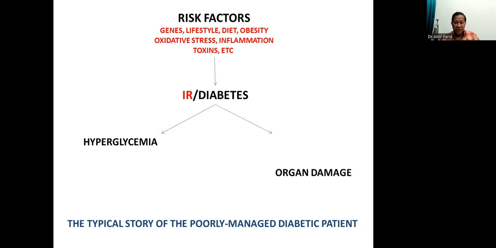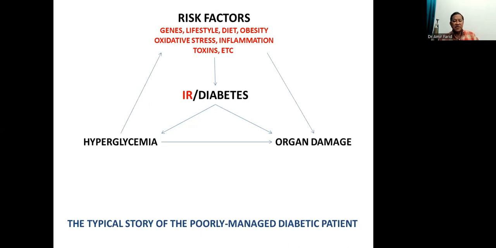On the other side, you have organ damage from the oxidative stress and inflammation that is causing the insulin resistance and diabetes, and also results from the insulin resistance and diabetes. Okay, the hyperglycemia also worsens organ damage because it worsens oxidative stress and inflammation and other problems.